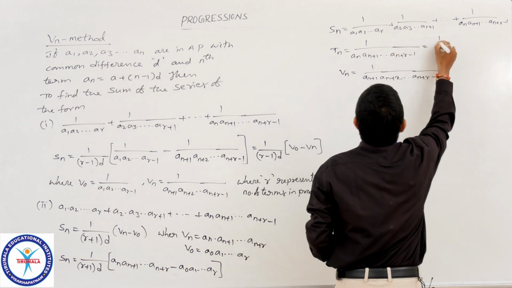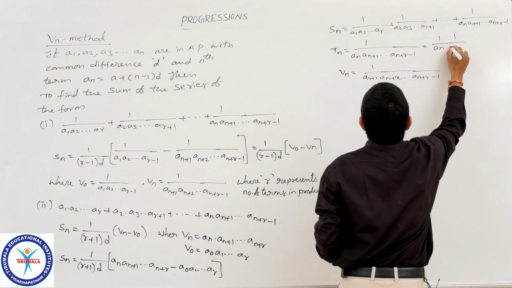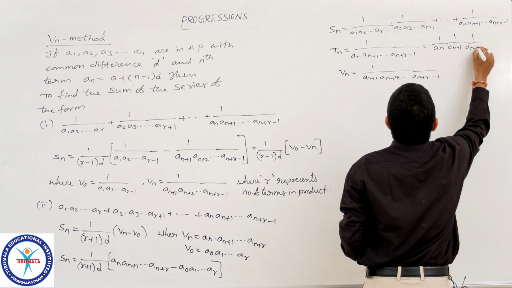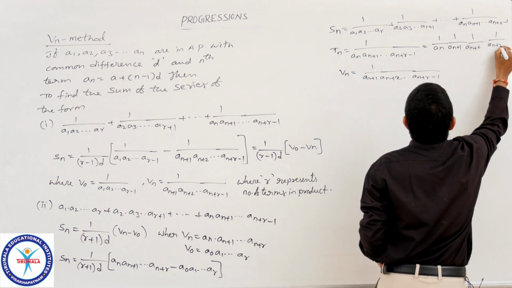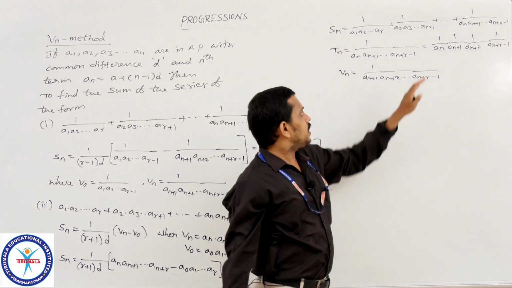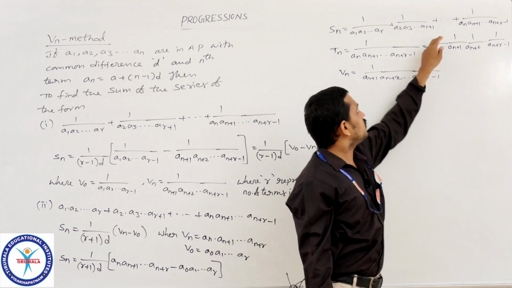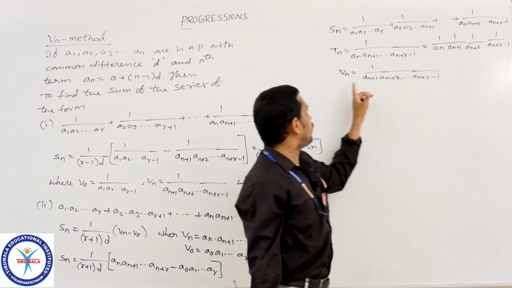This is nothing but 1 by an into 1 by an plus 1 into 1 by an plus 2 and so on 1 by an plus r minus 1. So this is the product of the reciprocals of the terms. Excluding this term, we will take the remaining product as Vn.